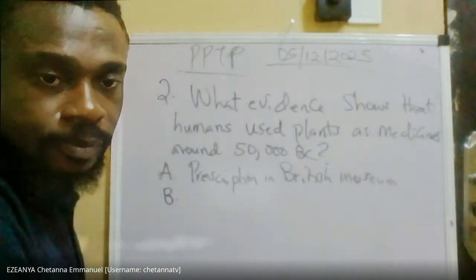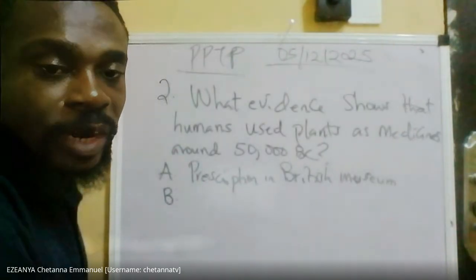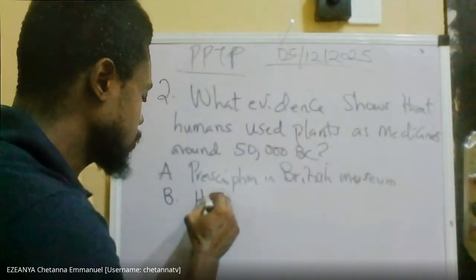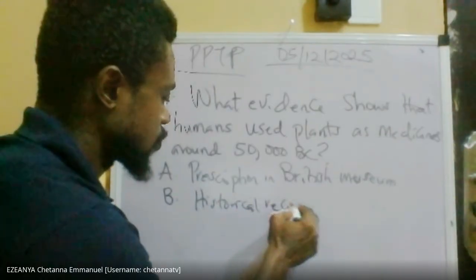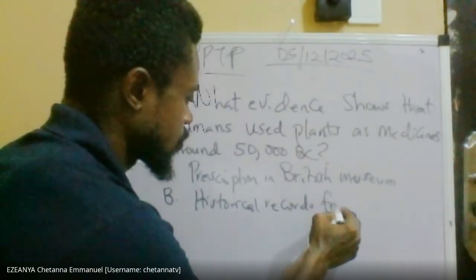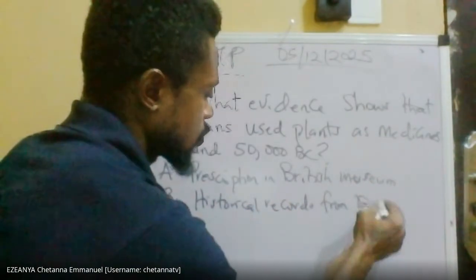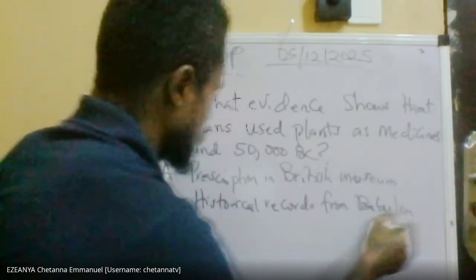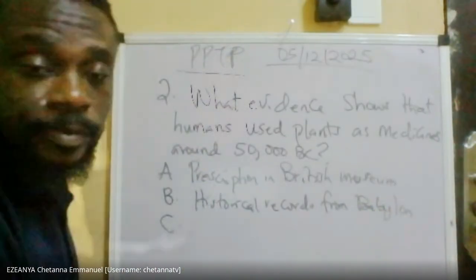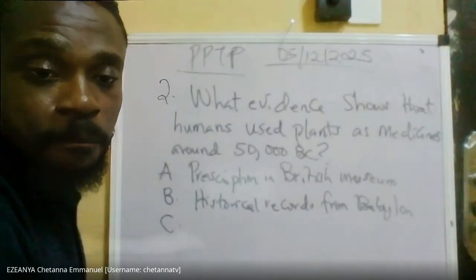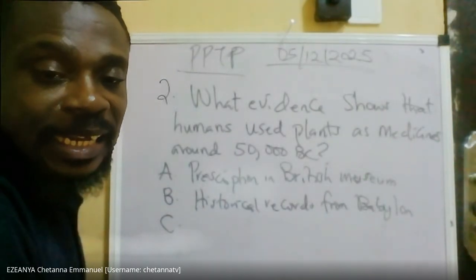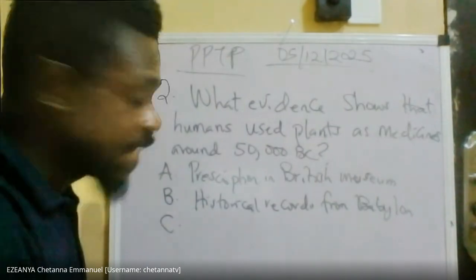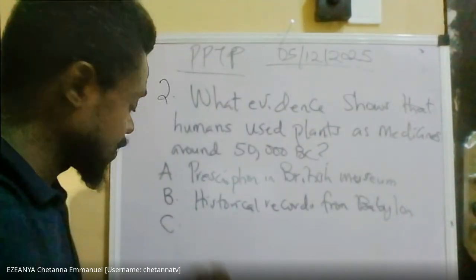B. Historical records from Babylon. C. Plant fossils with medicinal properties found in Neanderthal remains.